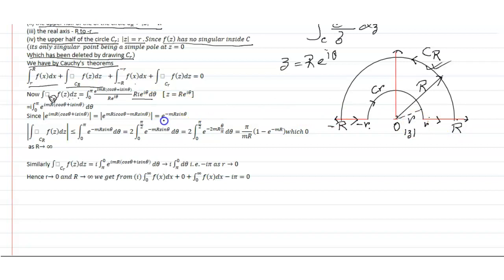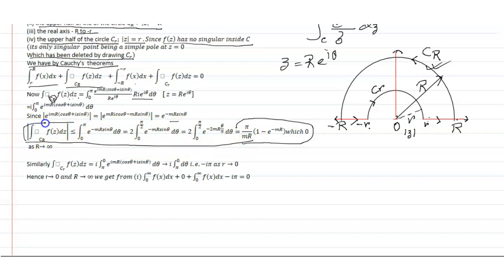So we have e to the power minus m R sin theta, and you see that the bound is pi divided by m R e to the power minus m R. This is a very important formula, friends, called the Jordan lemma.